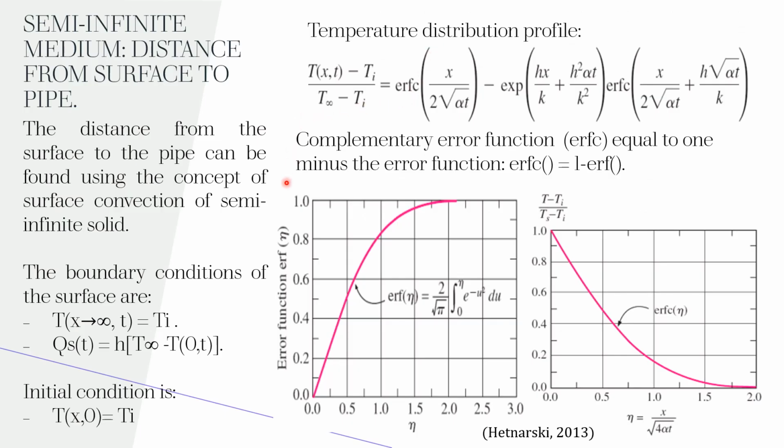The first thing we need to find is the distance from the surface to the pipe. This can be found using the concept of surface convection of semi-infinite solids.